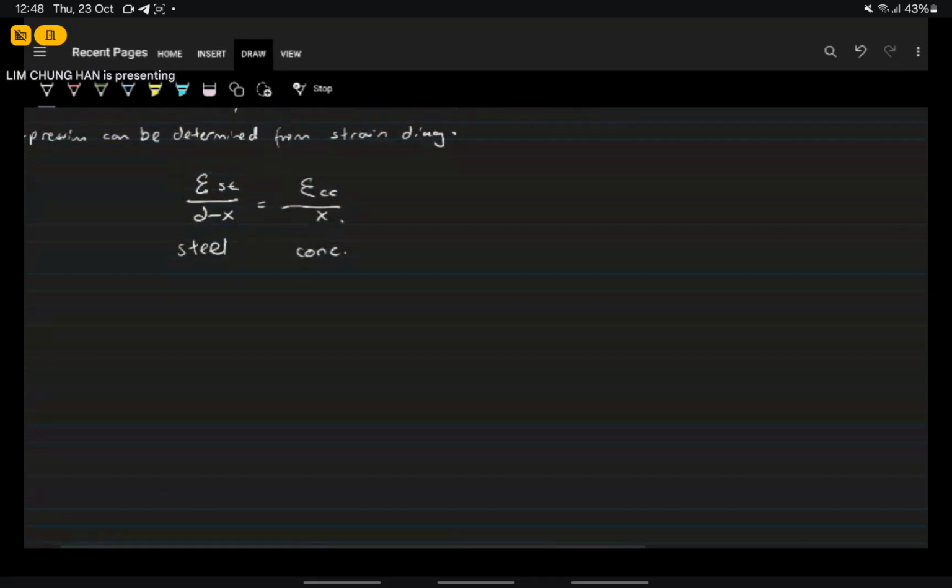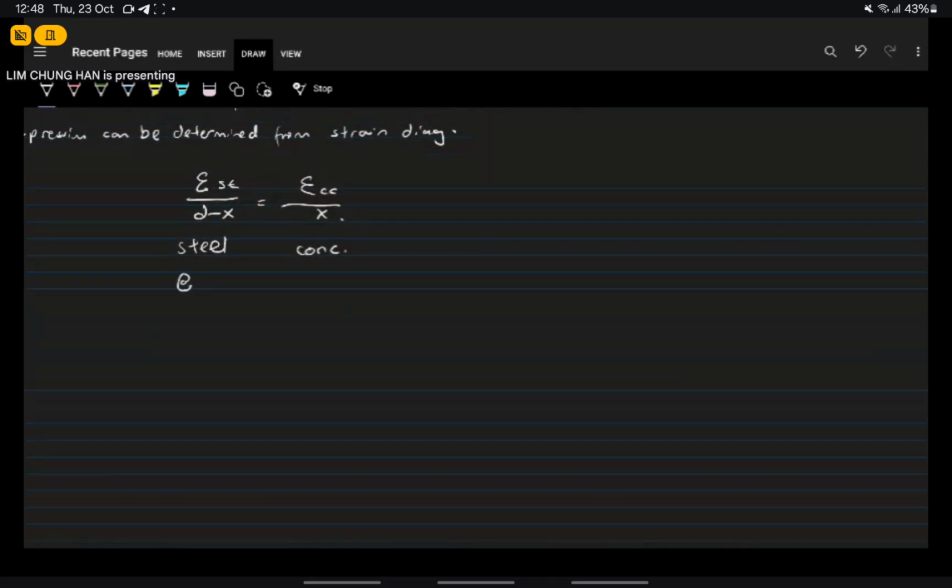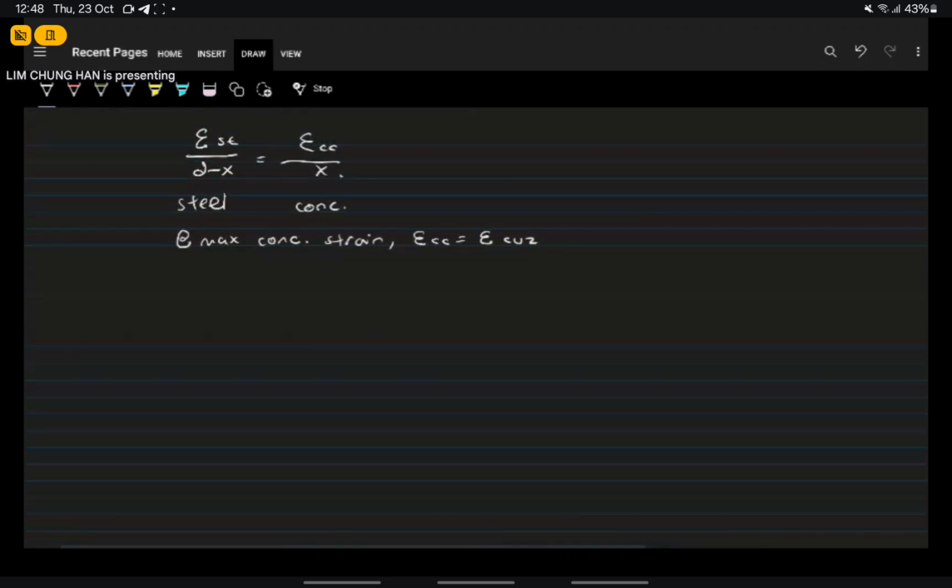Now at maximum concrete strain, epsilon cc becomes epsilon cu2, which is 0.0035. So you replace epsilon cc with epsilon cu2.